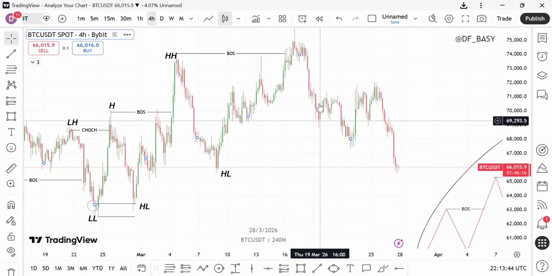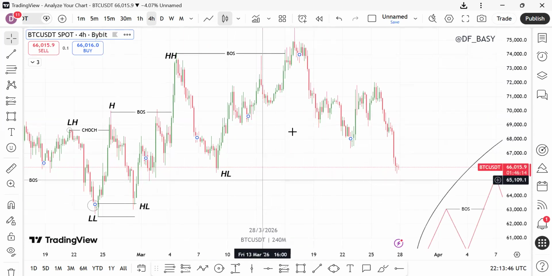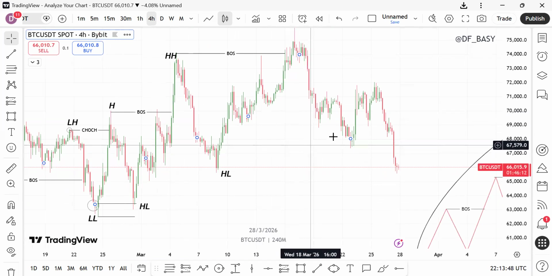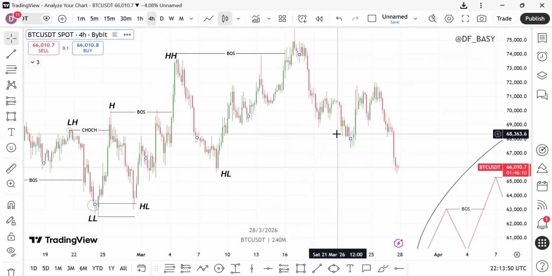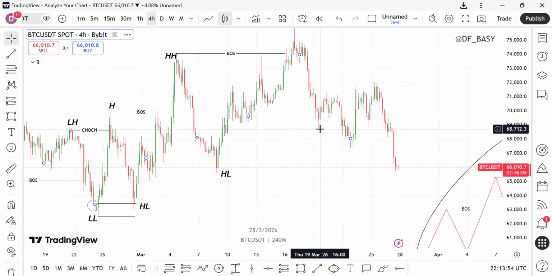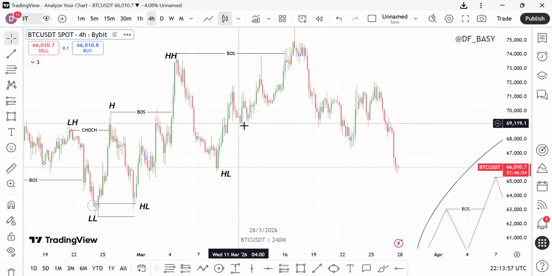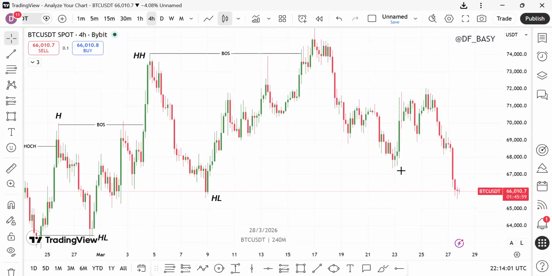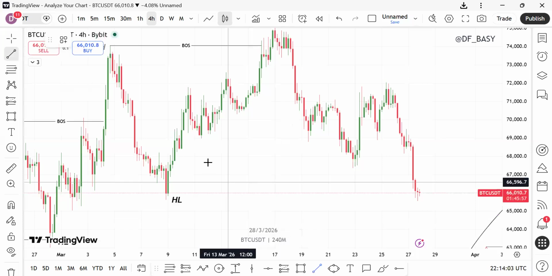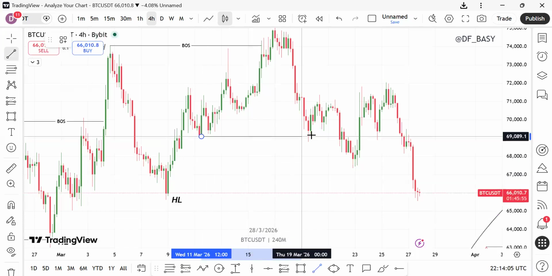This guy didn't break structure. If this guy had broken structure, we would have had a clean change of character. Yeah, this is our first change of character over here.